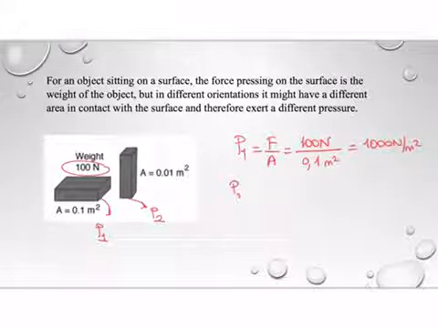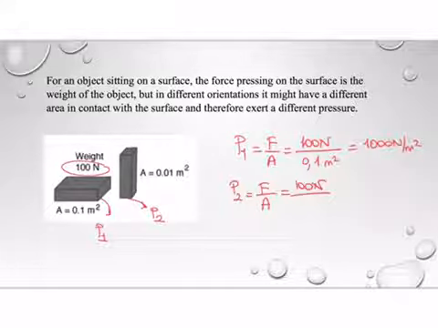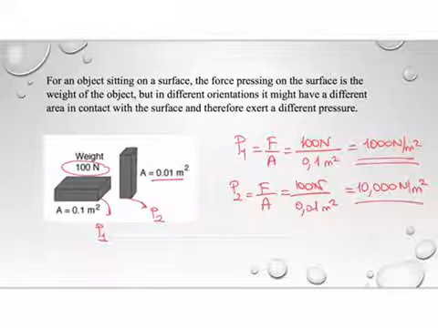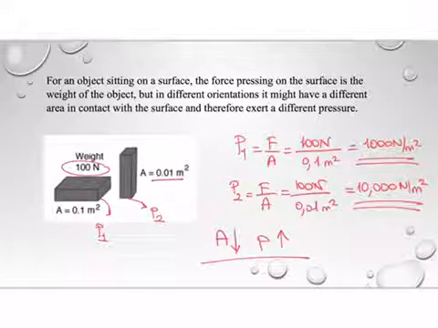But in the second configuration, again from the formula, force over area, the force is again 100 Newton, the weight of the object, but this time the area is smaller, 0.01 meter square, so the pressure will be equal to 10,000 Newton per meter square. So the same object with different configurations has different pressures. As the area gets smaller, the pressure gets bigger.